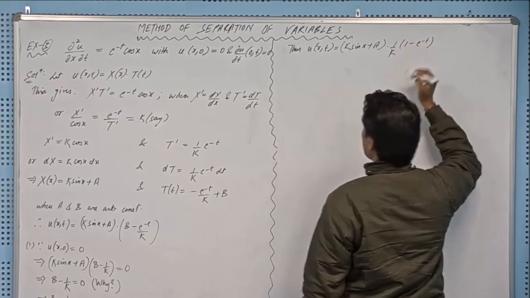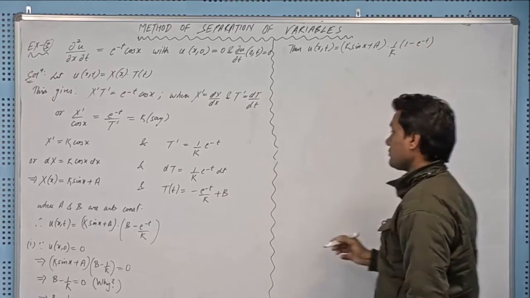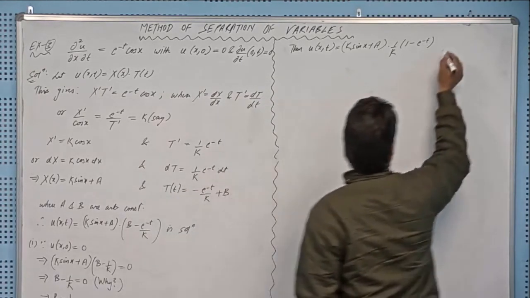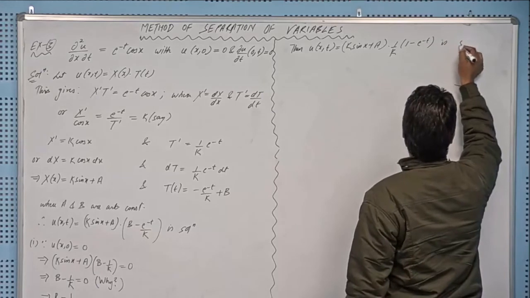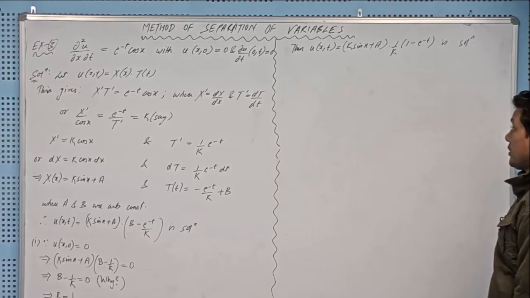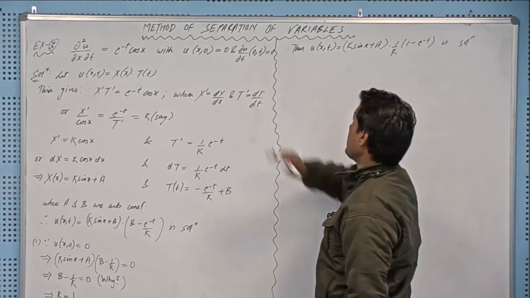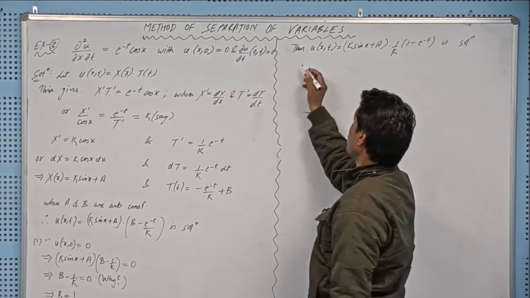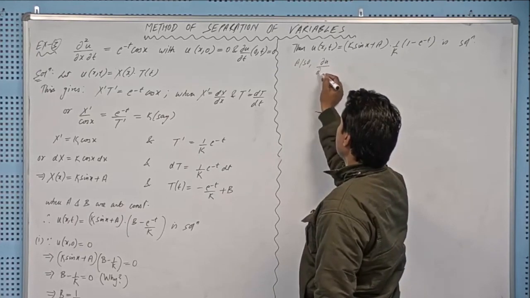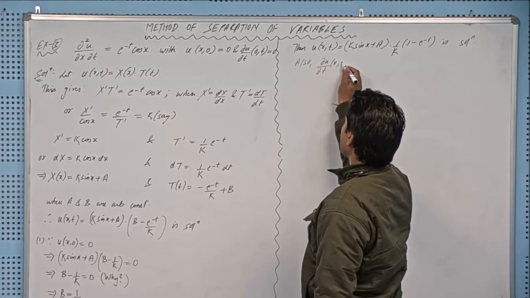This is my refined solution, right, with a lesser number of constants. Now using that second condition, but for that I have to find del u by del t also, del u over del t at (x, t).